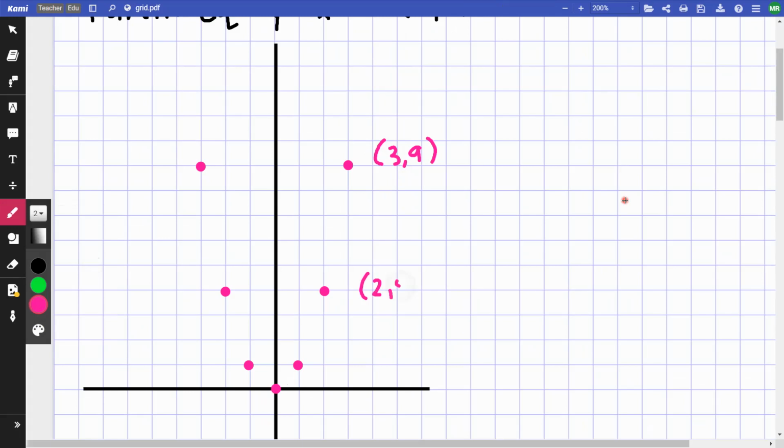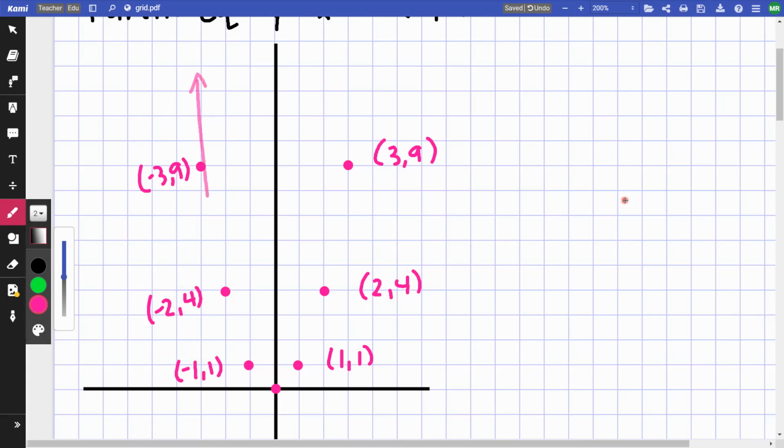This one's at 2 comma 4 because 2 squared is 4. This is at 1 comma 1, -1 comma 1, -2 comma 4, and -3 comma 9. Then I'm going to draw my parabola, which is a U shape, not a V shape. We're going to learn that that's an absolute value graph. And there's my graph.